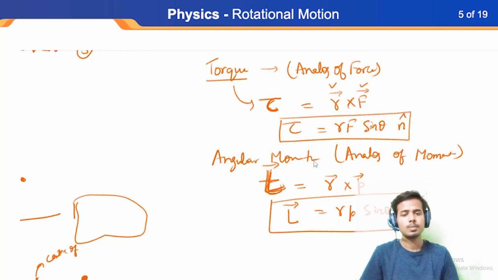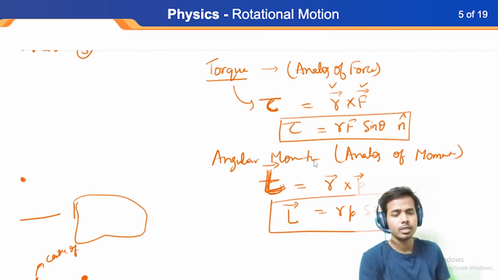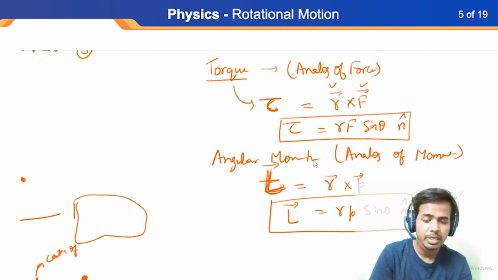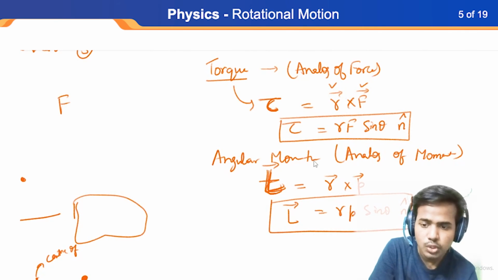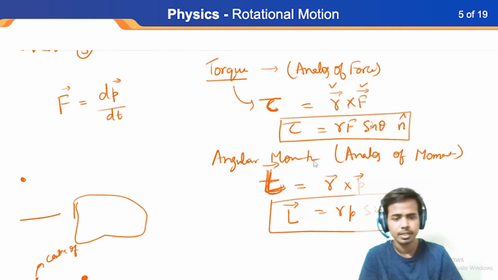Now, in the translational world, did we have a relation between force and momentum? Of course we had. Force was equal to the rate of change of momentum, nothing else. Right?